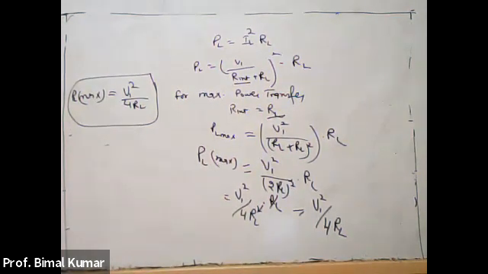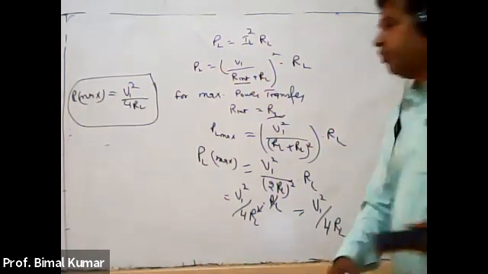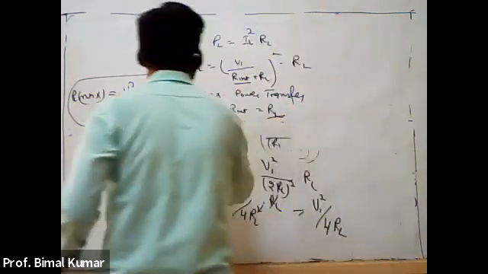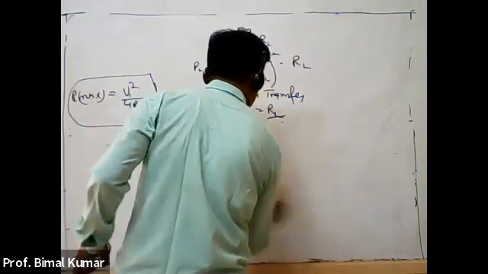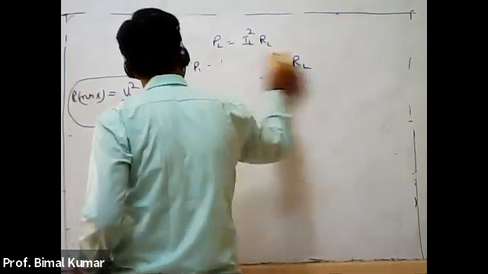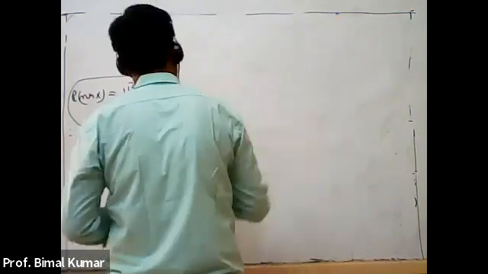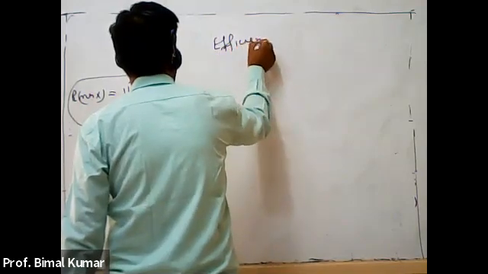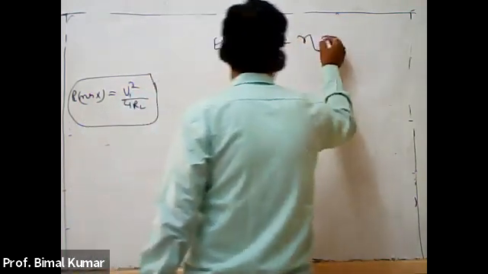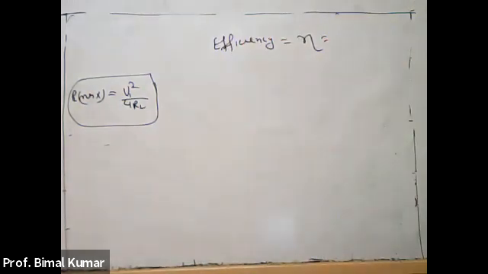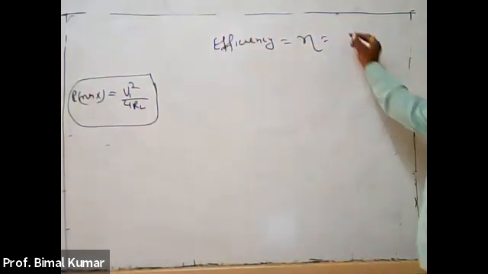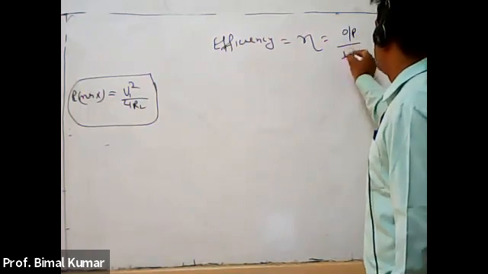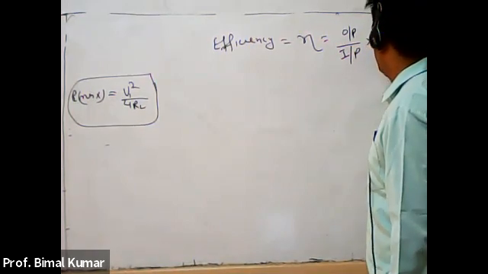Now I want to find the efficiency during this condition, right? So we know that the efficiency of any circuit is denoted by eta, and this is equal to output upon input into 100.